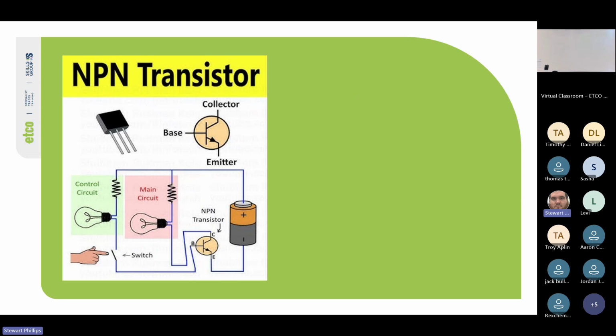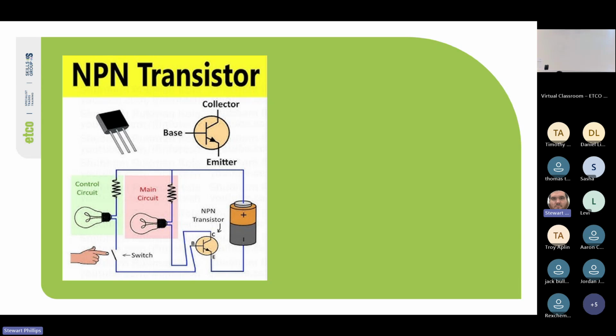Cool. So we have 3 terminals. We have the base, the emitter, and the collector. So it would normally be that the base is the middle prong, and the collector and emitter are the two on the outside. So NPN, not pointing in.